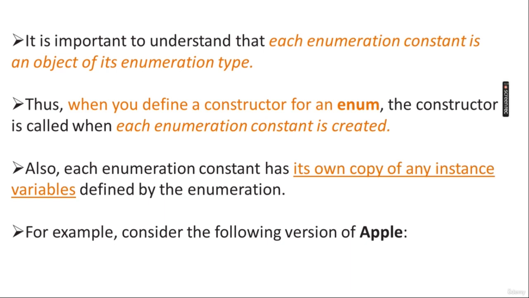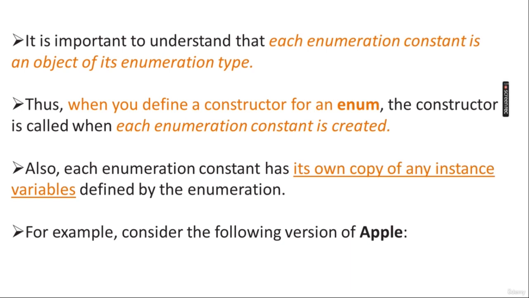Suppose you are creating two objects, Apple AP semicolon, Apple AP1 semicolon. Then Jonathan will have its own copy of AP and AP1, and Red Delicious will also have its own copy of AP and AP1.